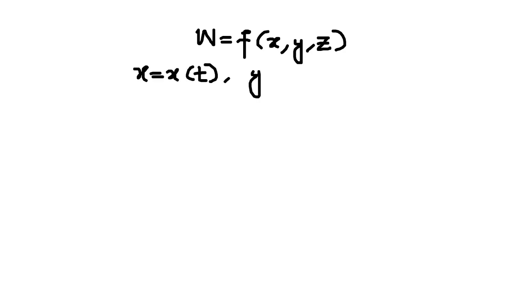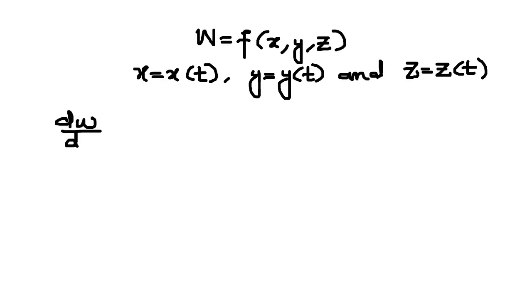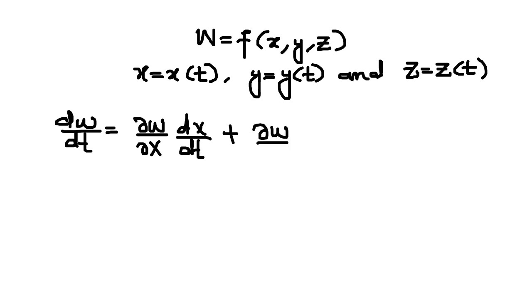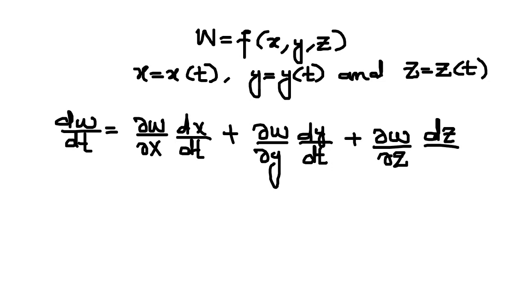For example, if you have a function w which has three variables x, y, and z, where x is equal to x of t, y is equal to y of t, and z is equal to z of t, then the formula for the chain rule becomes dw by dt equal to the partial derivative of w with respect to x, dx over dt, plus the partial derivative of w with respect to y, dy over dt, plus the partial derivative of w with respect to z, dz over dt.